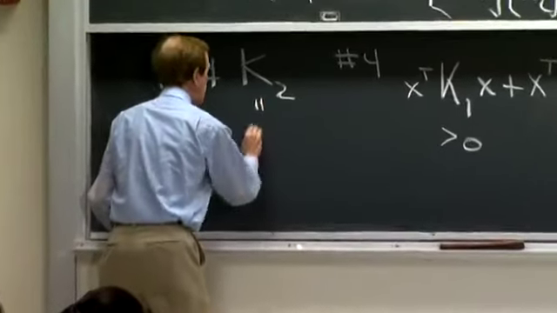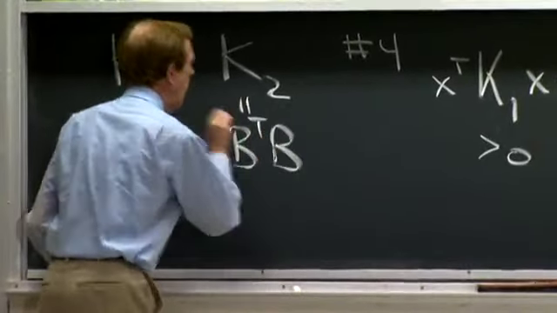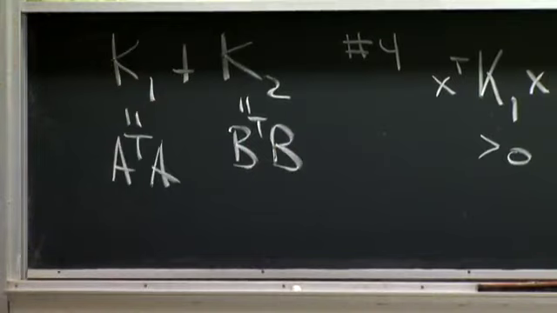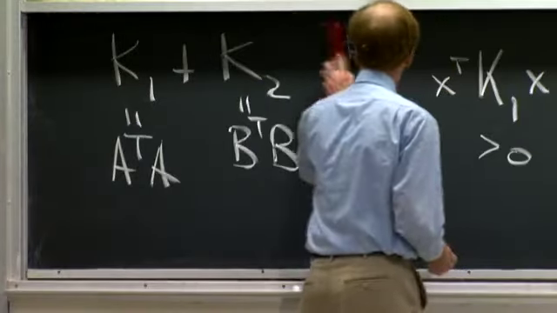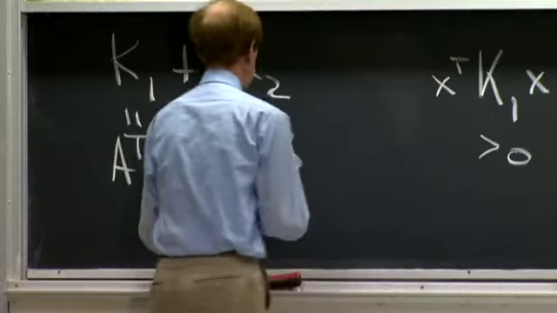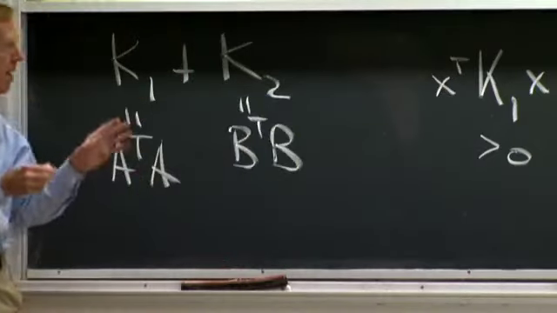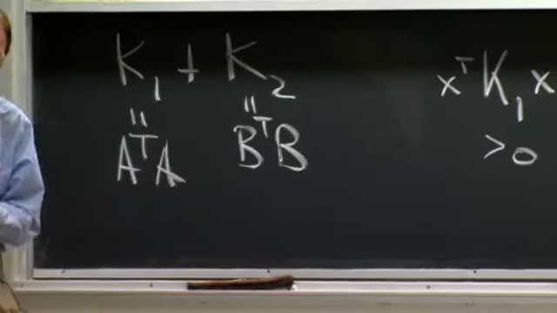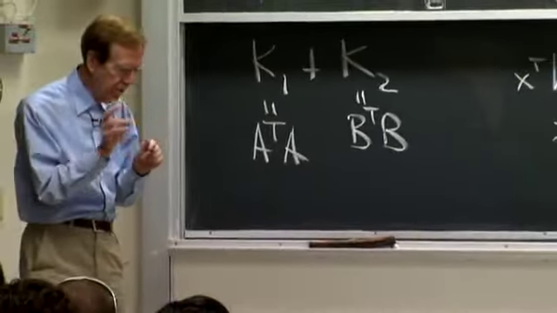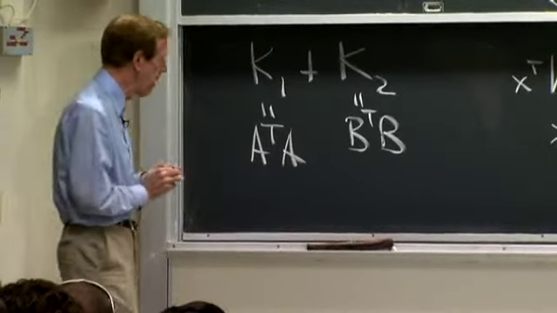And suppose K2 is B transpose B. Now I would like to write the sum somehow as something transpose something. I'll do it now because you perhaps won't have thought of this way to do it.